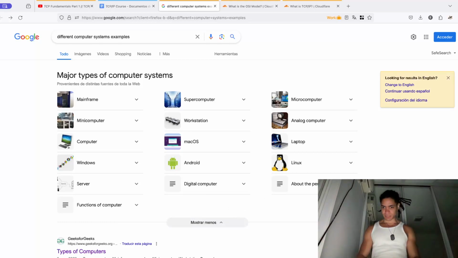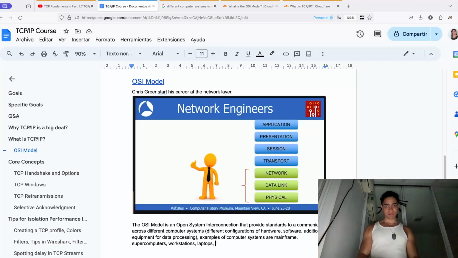They don't actually mean Mac OS exactly, because it's software or hardware. Major types of computer systems: mainframes, supercomputers, workstations, laptops, Android, Mac, Windows.